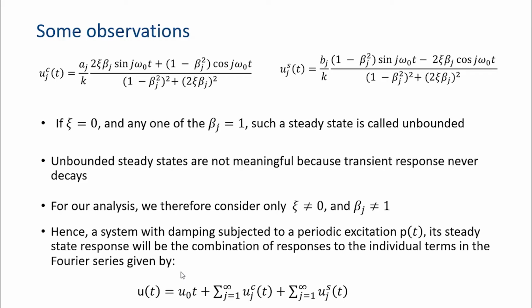This is due to the constant in the Fourier series, this is the response to the cosine functions, and this is the response to the sine functions. The sum of all will give the total response due to this periodic excitation Pt.